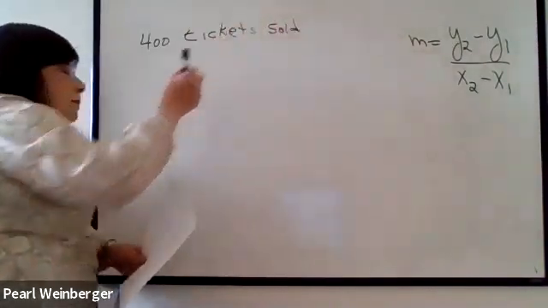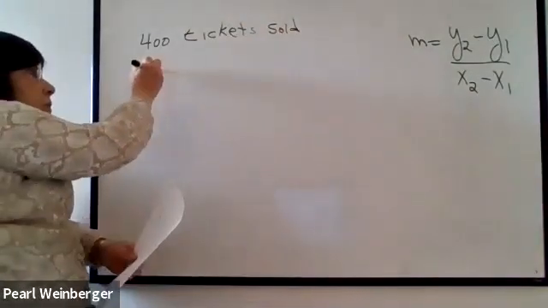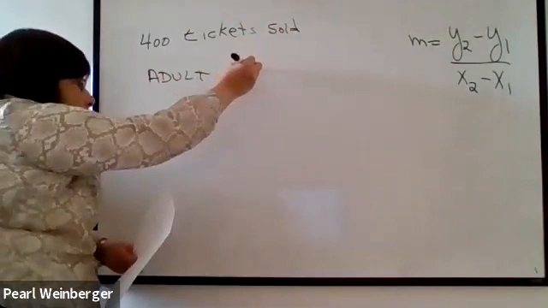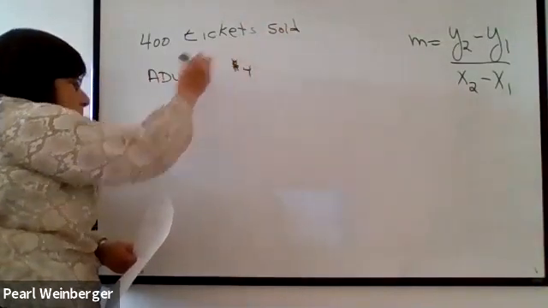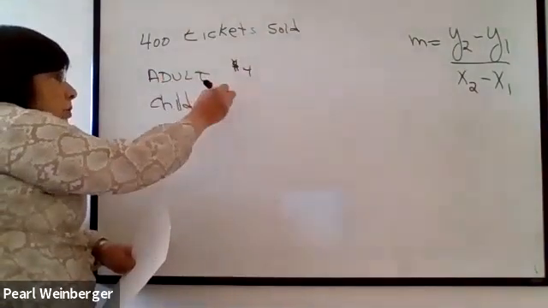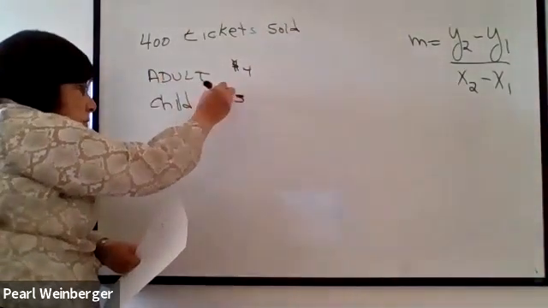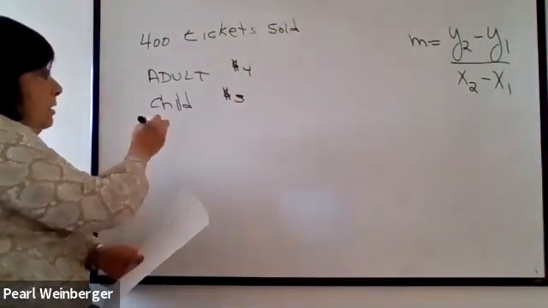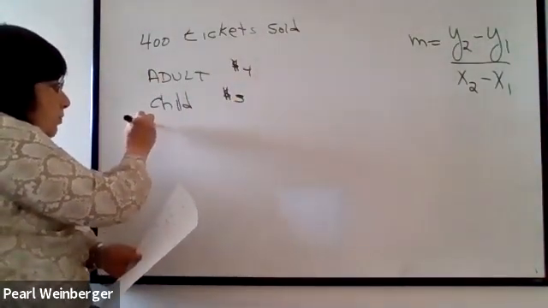And there were two types of tickets. There were adult tickets that cost $4 each. And there were children's tickets that cost $3 each. And the total amount of money they made on this concert is $1,500.